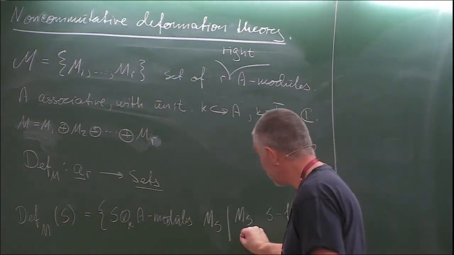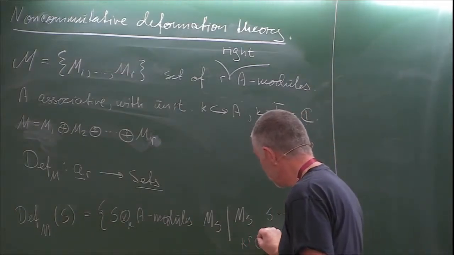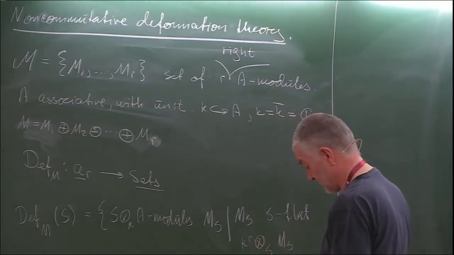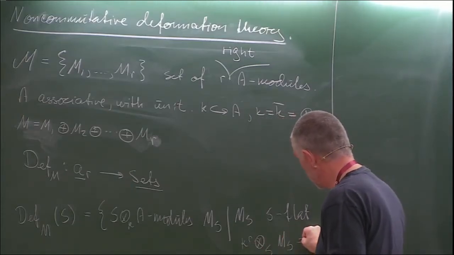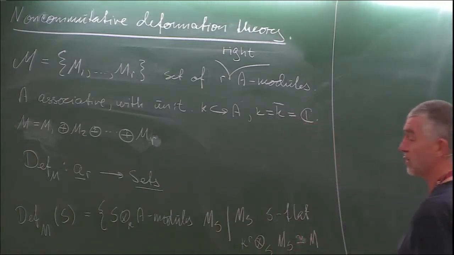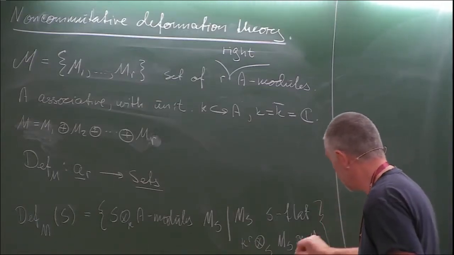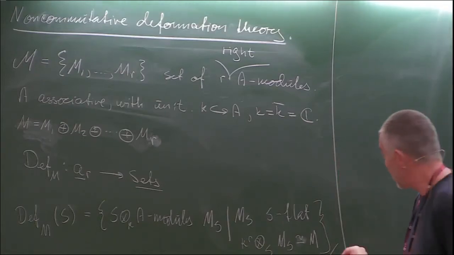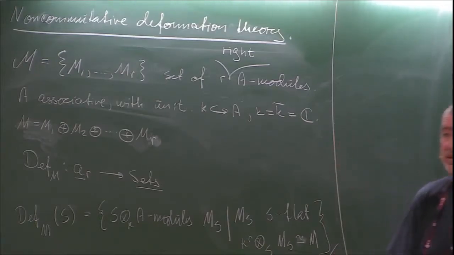And I claim that K^r tensor over S by M_S should be isomorphic to M, which is the sum of those modules. And of course, I divide out by the equivalences, the isomorphic modules. But that won't bother us much.